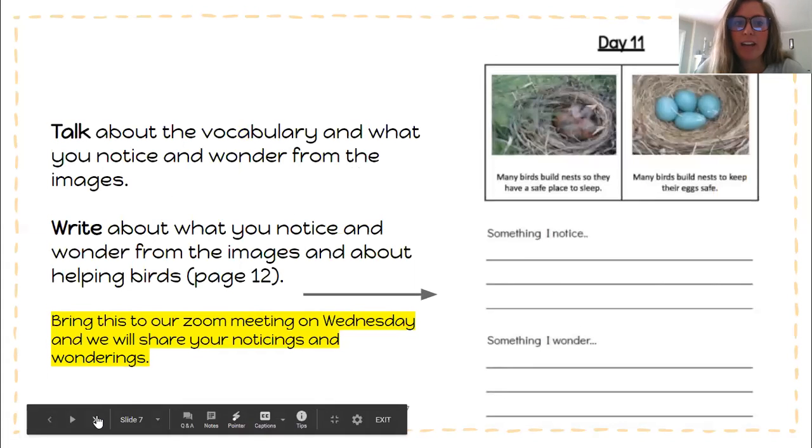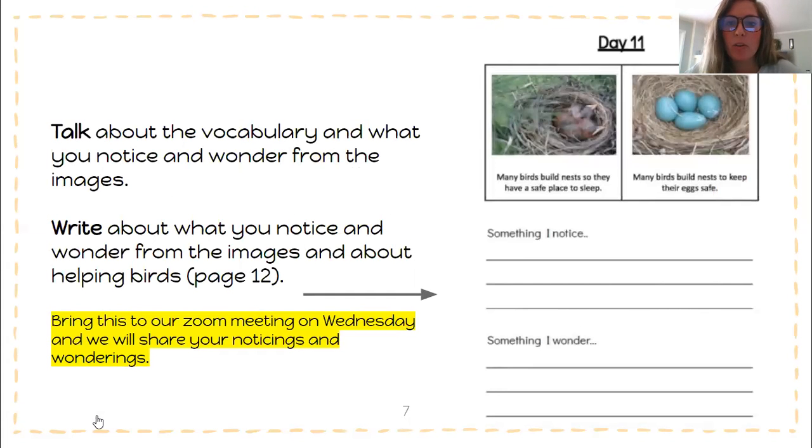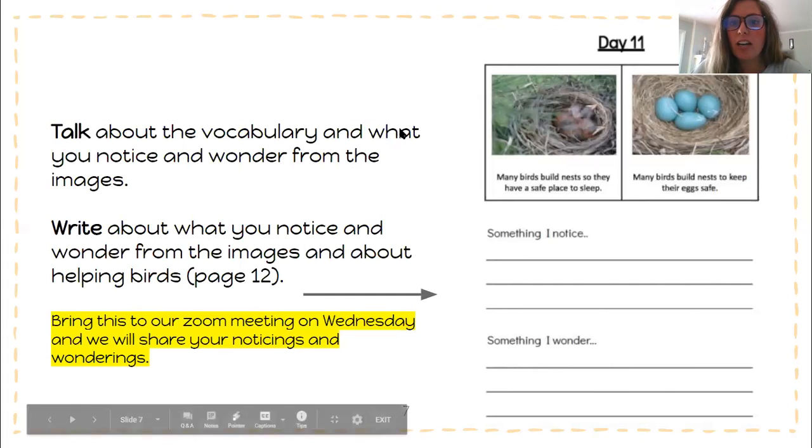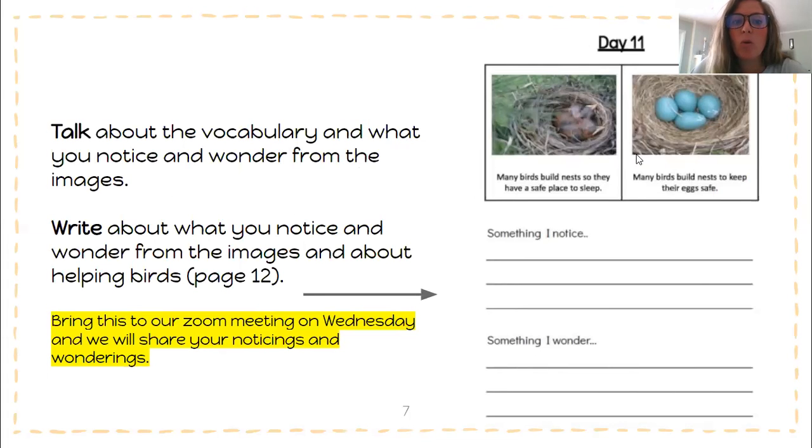After you have read the letter, you're going to talk about the vocabulary and what you notice and what you wonder from the images. So here it's on page 12 again. You're going to look at these 2 images and you're going to write about what you notice and what you wonder. For this picture right here, it says, many birds build nests so they have a safe place to sleep.